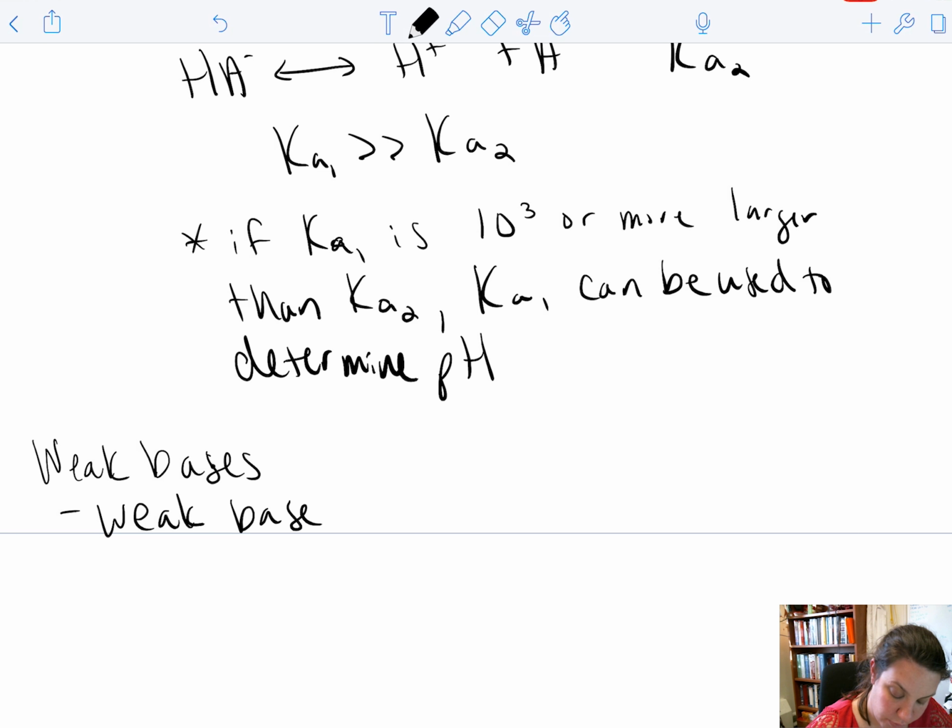And the OH minus will be used to determine pOH, which can then be used to determine pH.